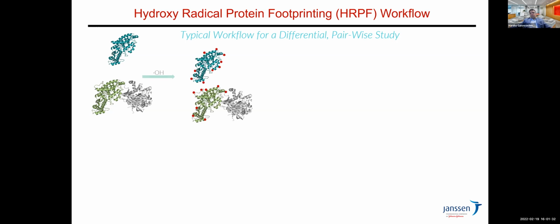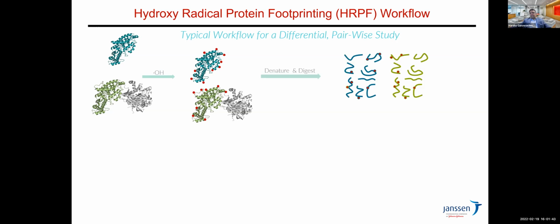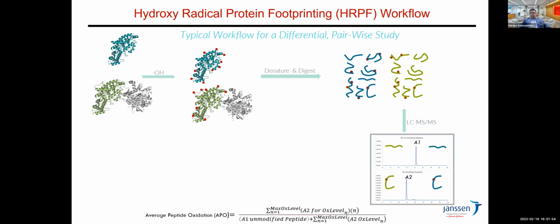Both the dimer and the monomeric forms are then labeled using HRPF, where hydroxy radical attack decorates the solvent accessible residues. The labeled proteins are then denatured and digested and subsequently analyzed using LC-MS. The differential analysis of the oxidized peptide is performed, and those domains which become protected are no longer solvent accessible, as well as those domains which became deprotected, can be measured using these chromatograms.